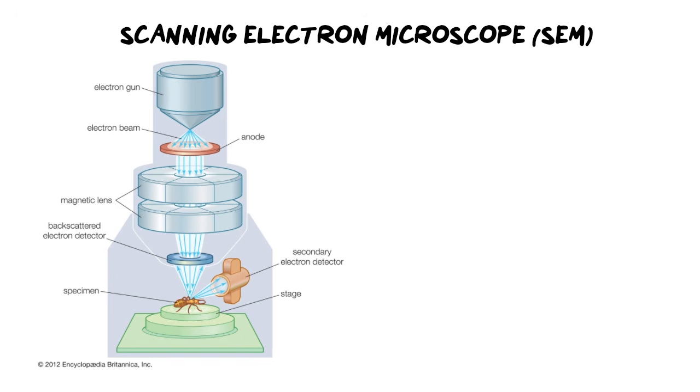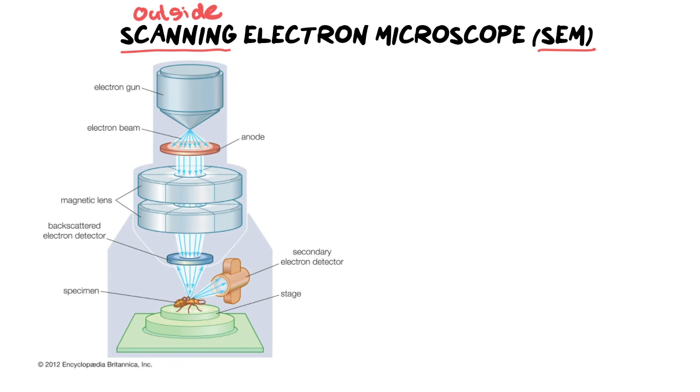Now, moving on to the sister of the transmission electron microscope is the scanning electron microscope, or the SEM. As it suggests, it scans, which means it actually shows the outside. So a good way to tell the difference between the two is that scanning shows the outside and transmission can show the inside.